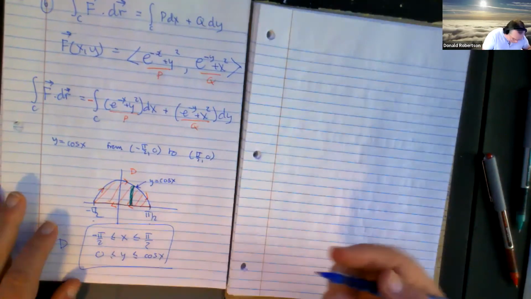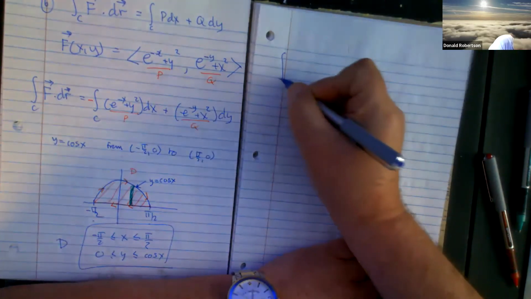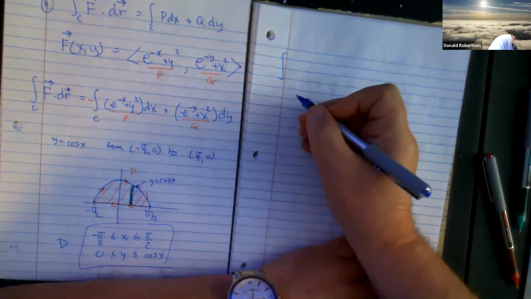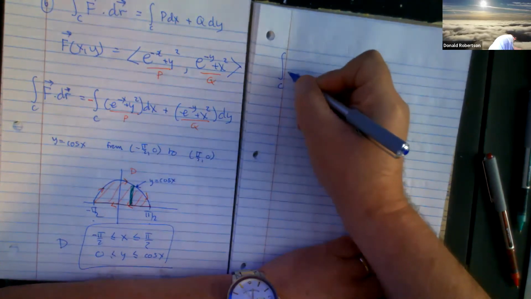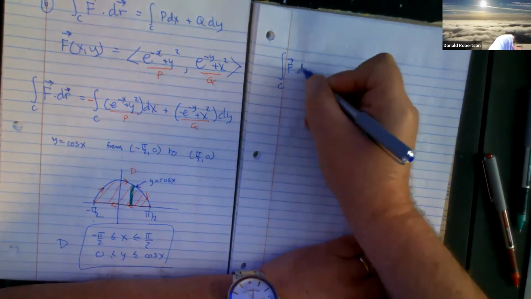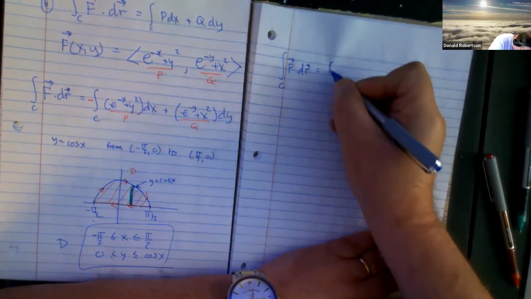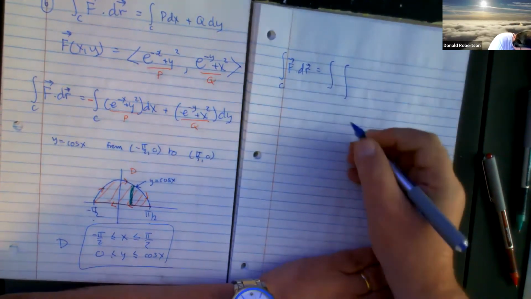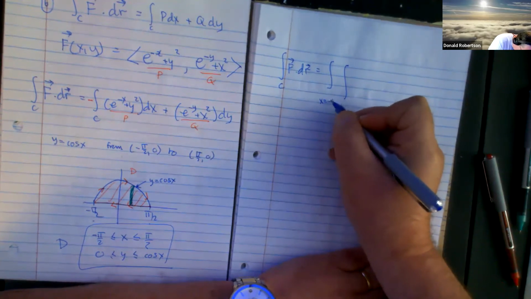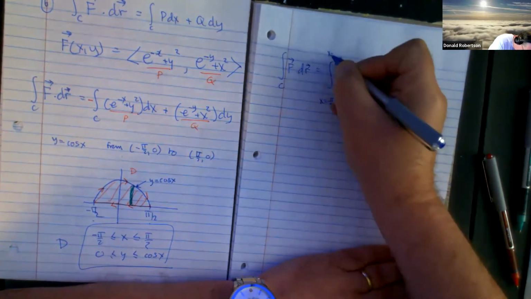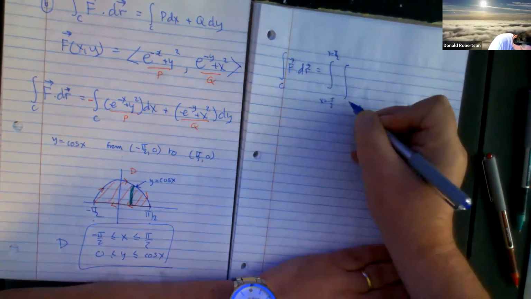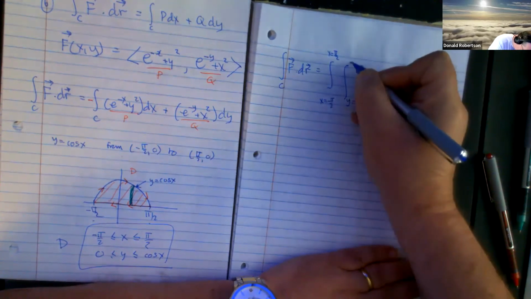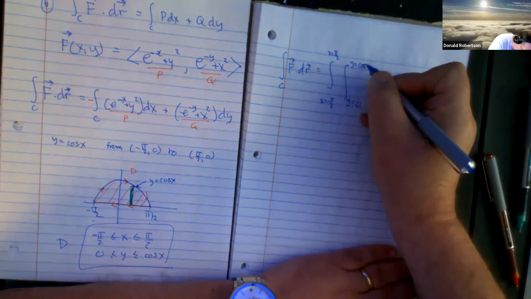It should be ready for all the pieces then. I'll leave it in this version because it's easy to write. And it's going to be a double integral, from x equals negative pi upon 2 to positive pi upon 2, y goes from 0 to cosine x.